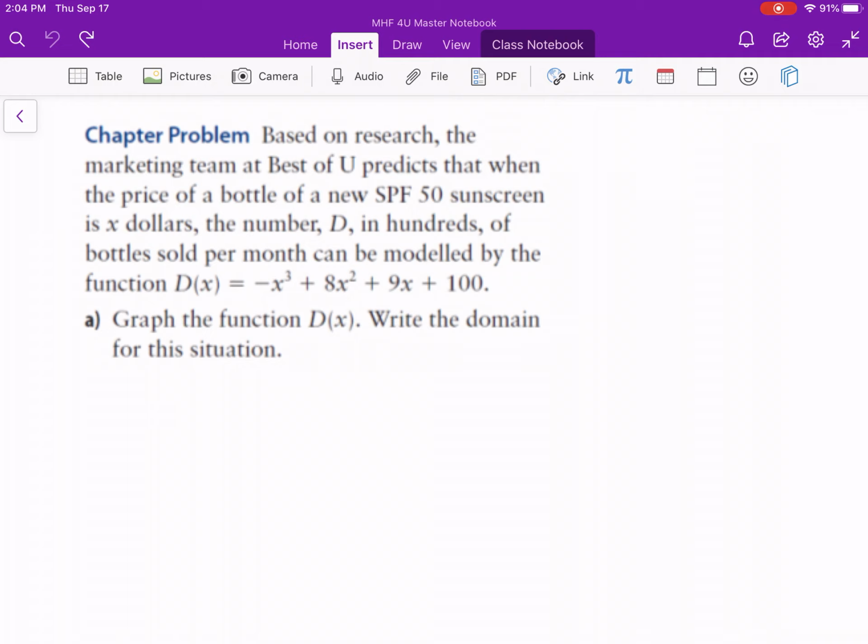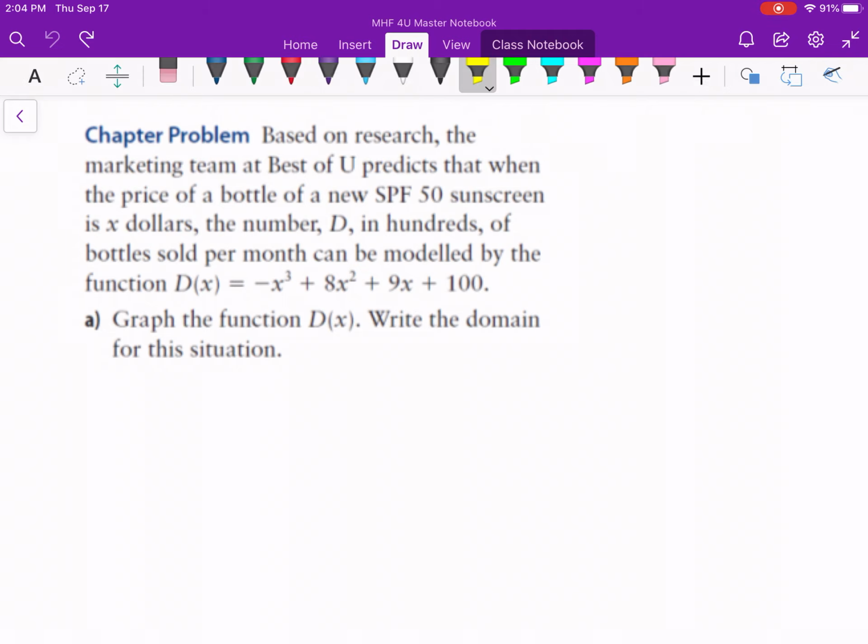Based on research, the marketing team at Best of You predicts that when the price of a bottle of a new SPF 50 sunscreen is x dollars, the number d, in hundreds of bottles sold per month, can be modeled by the function d(x) = -x^3 + 8x^2 + 9x + 100.